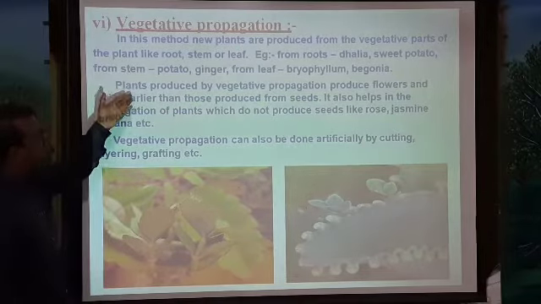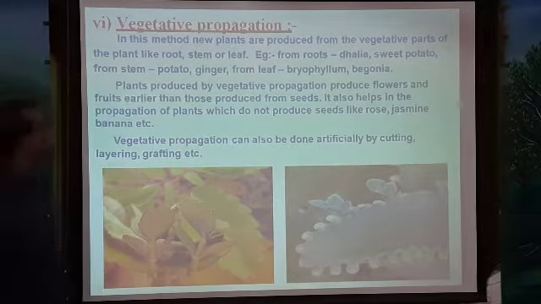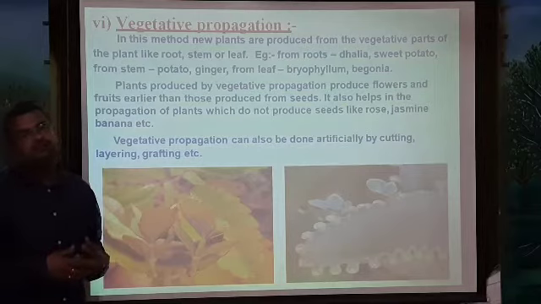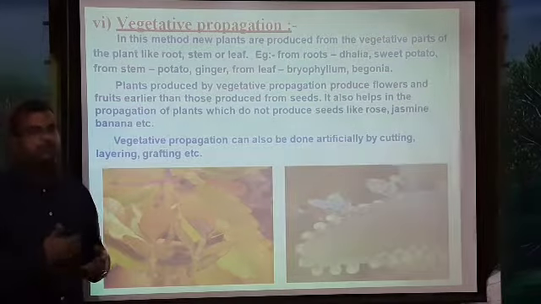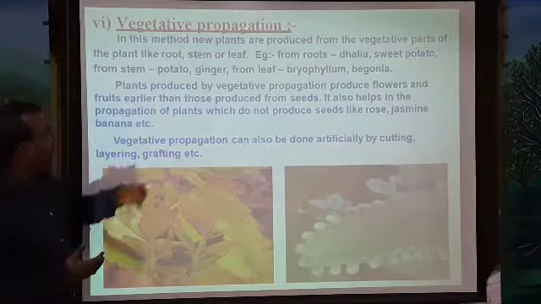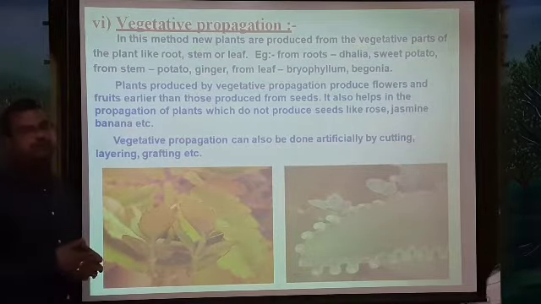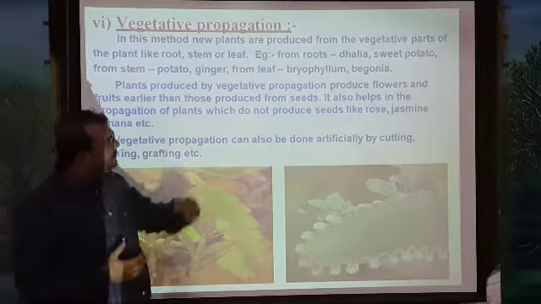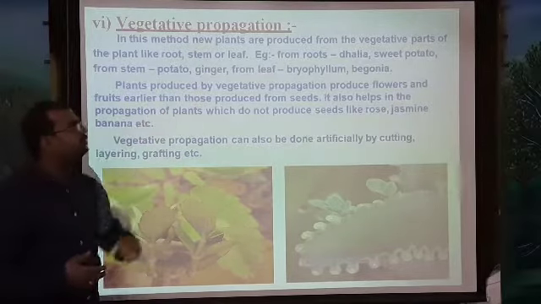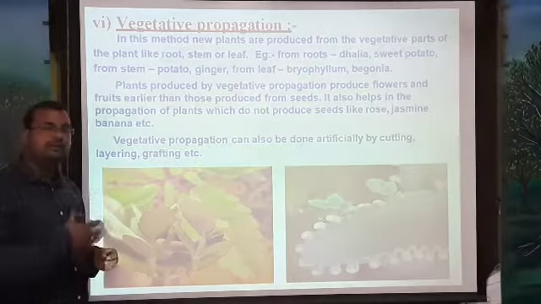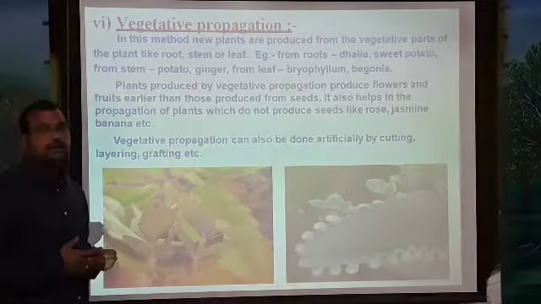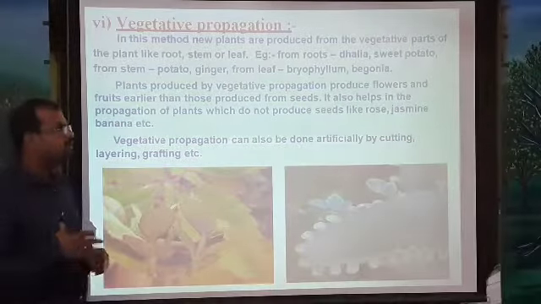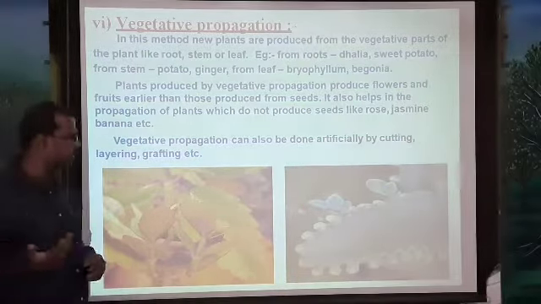Normally some plants take some time to produce flowers and seeds, but with vegetative propagation they will produce earlier than the normal time. Some roses do not produce any seeds. By vegetative propagation, we can produce a rose plant, jasmine plants, and even banana plants.